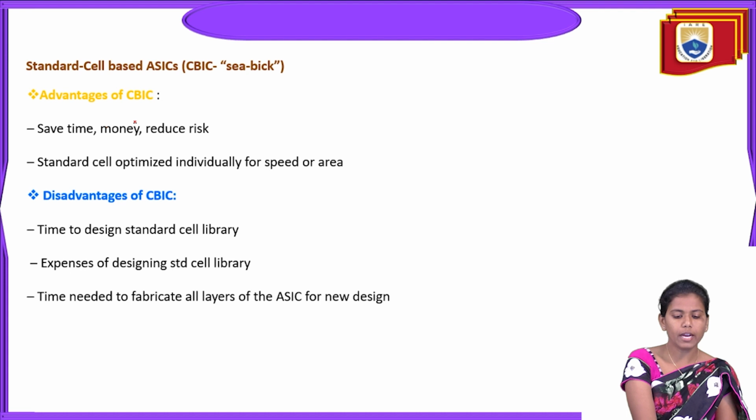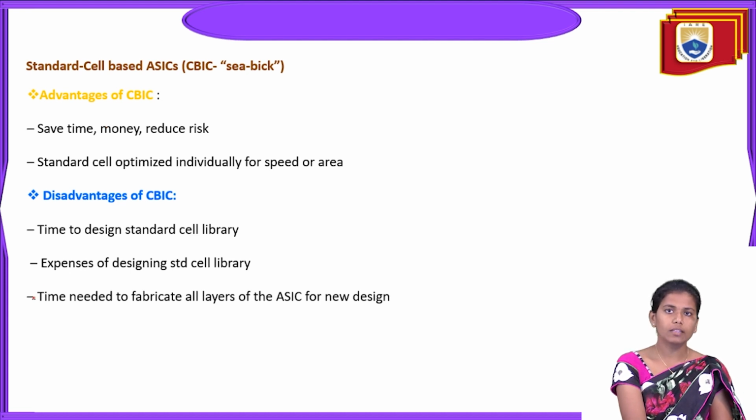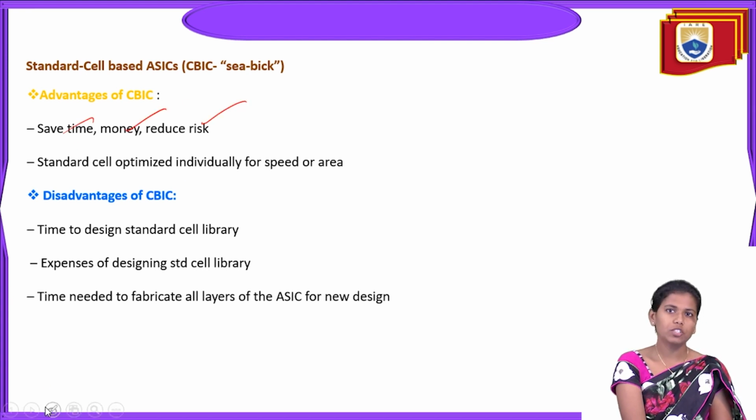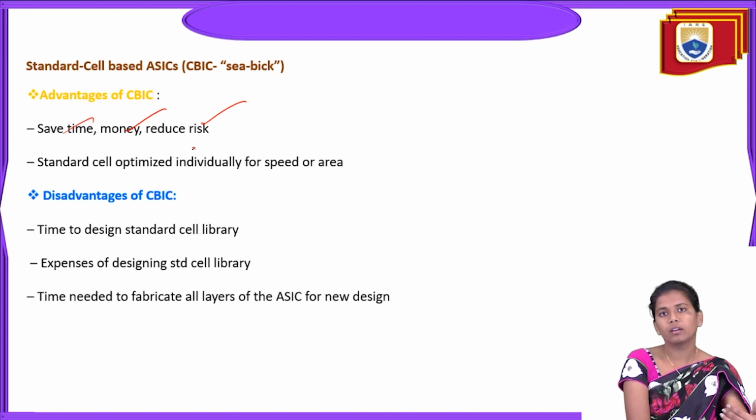And then coming to the advantages of CBIC. The advantages that we can find in CBIC are that they save time and money, and reduce risk. So the major advantages when we use CBIC are that we can save time and money, and the reduction of risk can be seen.